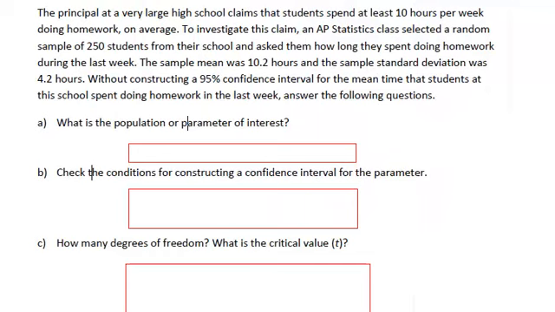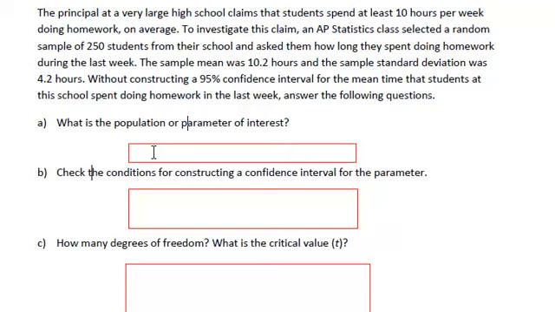So just to kickstart this problem, and we're not even going to solve it today, we'll solve it for the next one. What's the population parameter of interest? We're trying to find where the true mean is. It's the same as what we were doing before, finding the true proportion. We want to find the interval at which we can be pretty confident that it will lie in between.